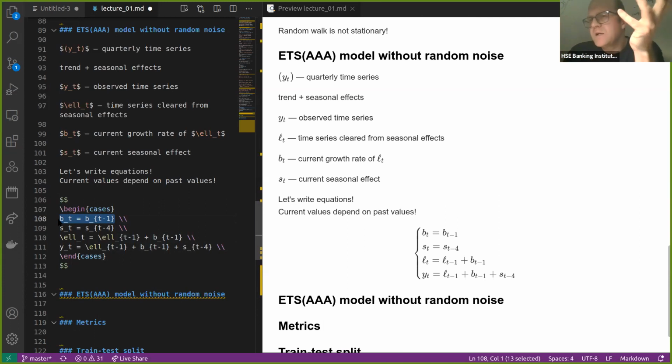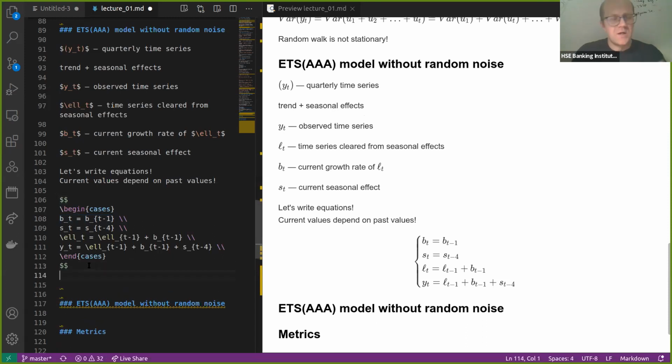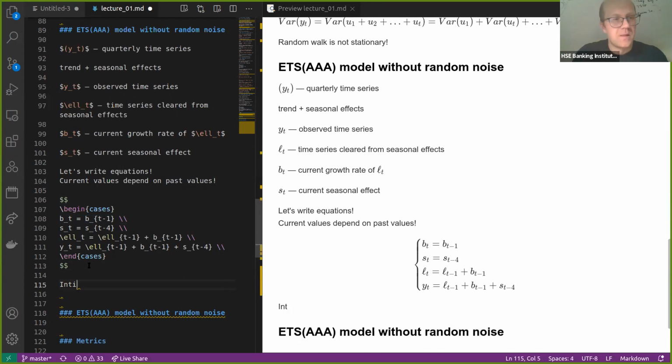Maybe to better understand, let's provide some initial values, and from starting values we can calculate all the future. So we also need some initial values.